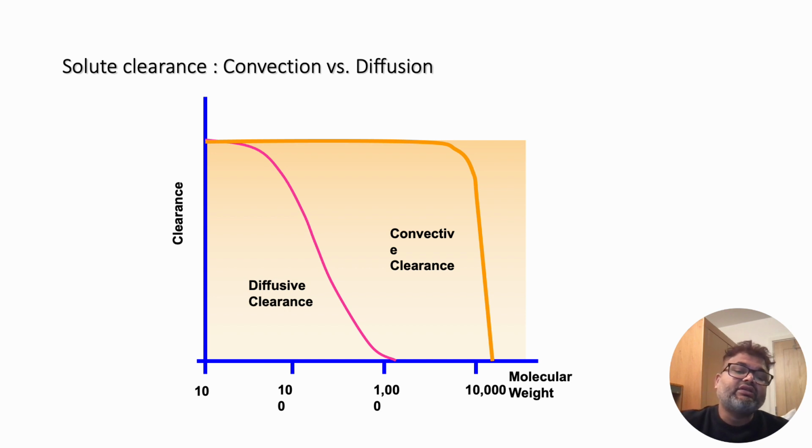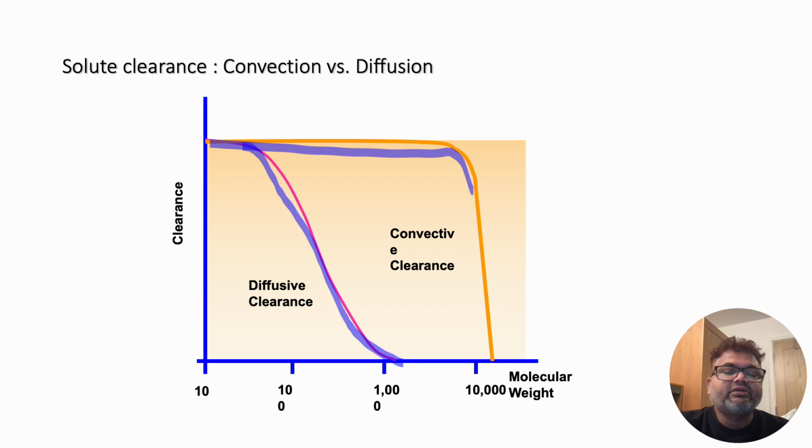As you can see in this graph, diffusion depends a lot on molecular size, and as the molecular size increases, the excretion decreases, while in convection it's almost constant, and then suddenly excretion of the molecule stops at a particular size.